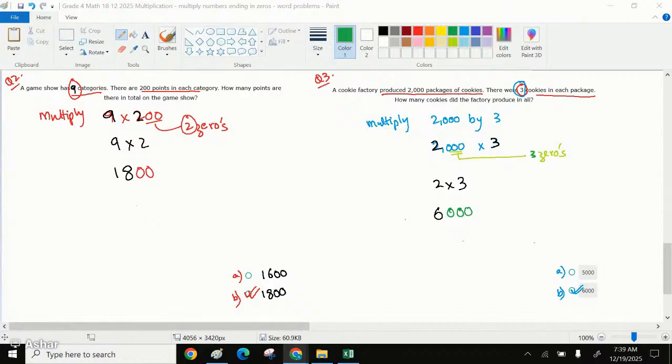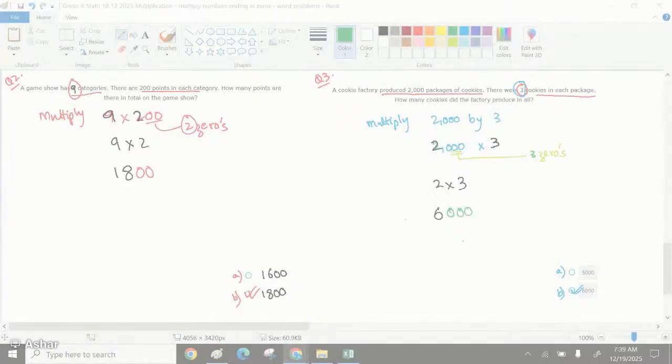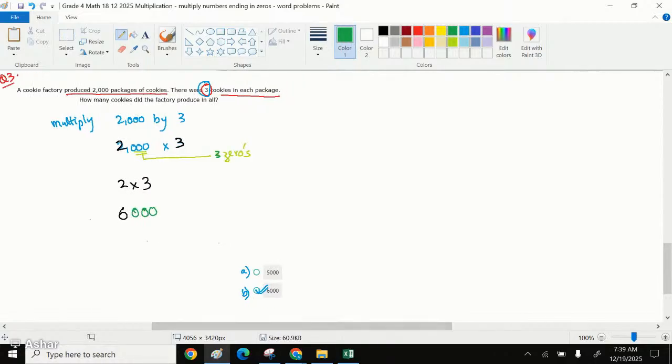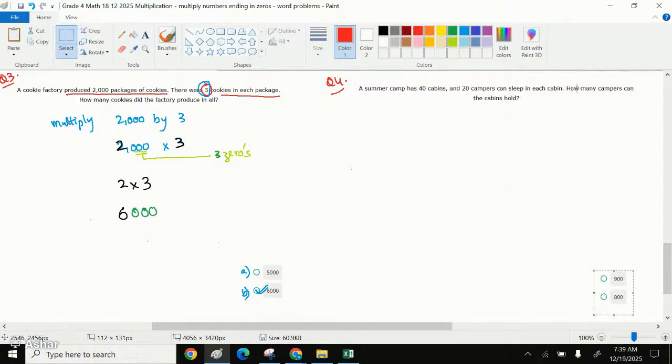A summer camp has 40 cabins, 20 campers. I'll just copy this so that it's more visible to us. In question number 4, the question says: a summer camp has 40 cabins, and 20 campers can sleep in each cabin. If there is one cabin, 20 people are sleeping.